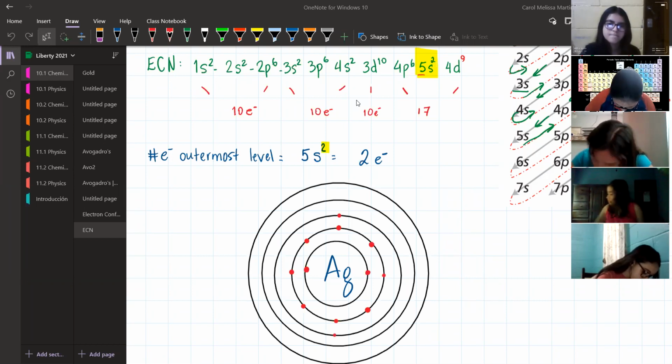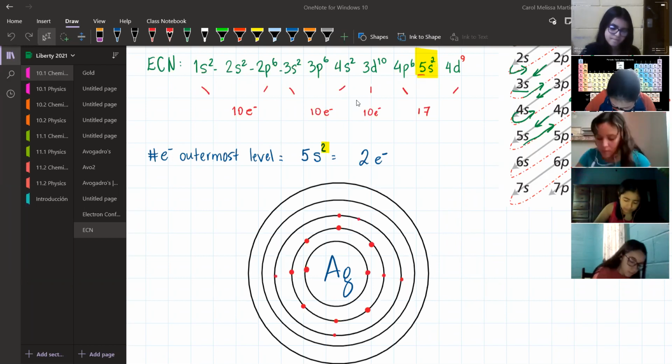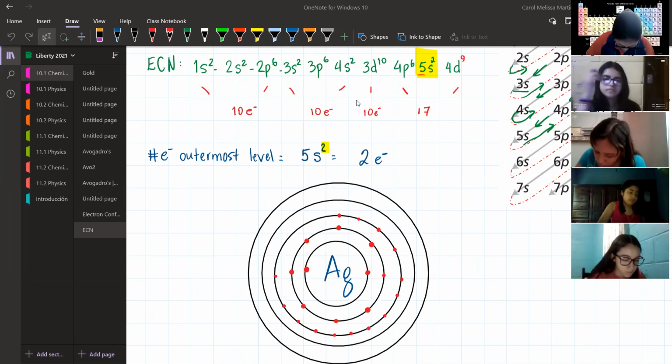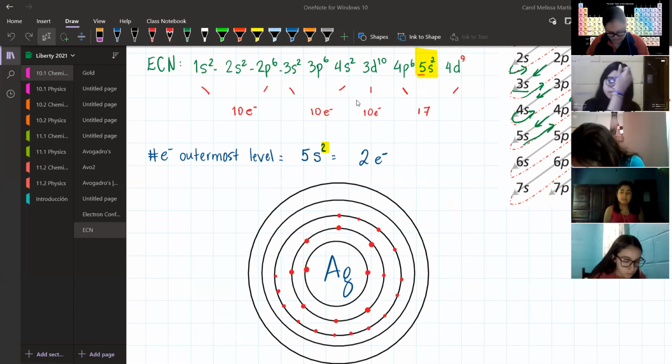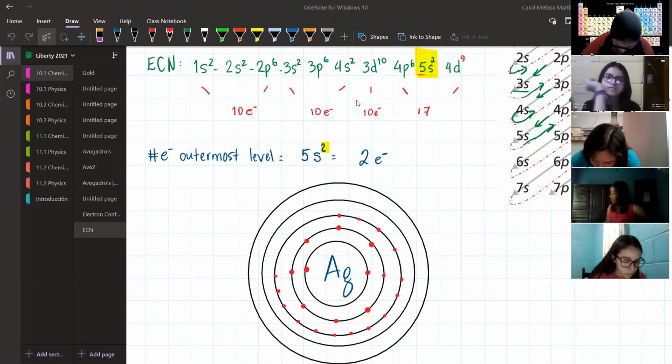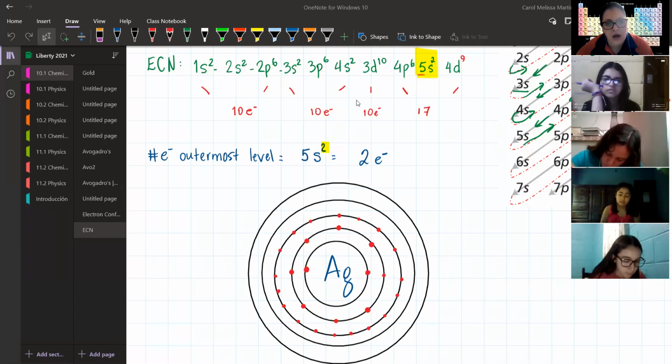So 1, 2, 3, 4, 5, 6, 7, 8, 9, 10, 11. How many in the other ring?